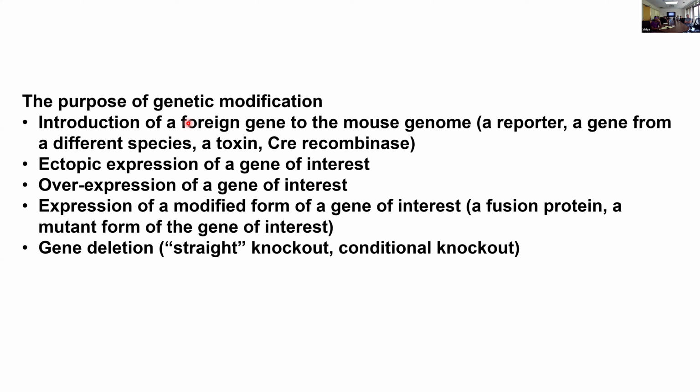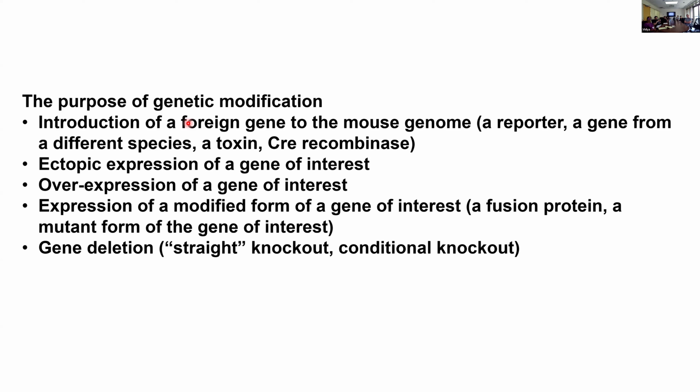And then you can also express a toxin. For example, Ariel's lab had used, and I think Lydia also used it before, the DTA mouse, which expresses diphtheria toxin subunit A. You express a toxin so that you can kill a cell. That's cell ablation, so you study not a gene function, but what the cells do during a process.